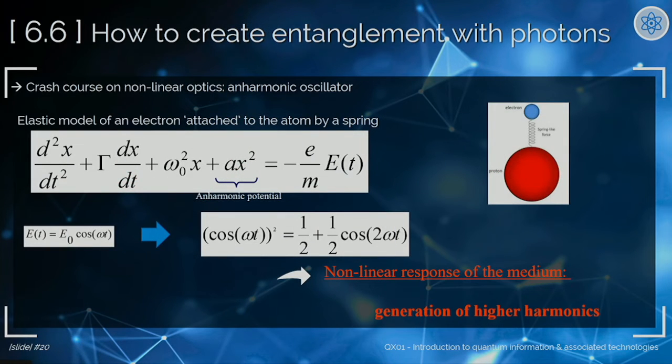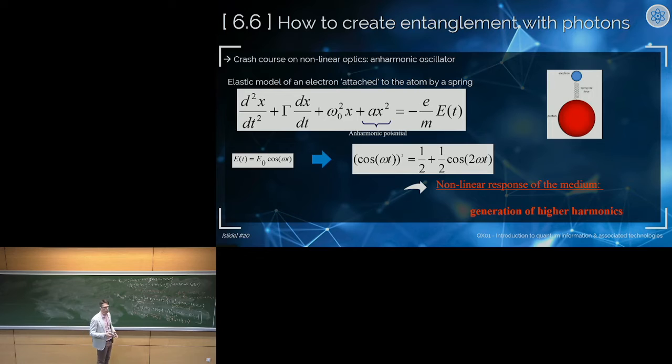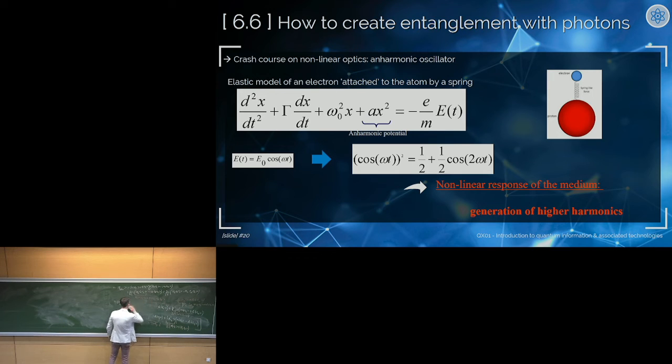Right. So to finish this part, I just want to go back to a bit of physics here: how we create entanglement with photons. Of course, the idea is not to make a full nonlinear optics course. That's not the idea at all. But just to give you enough insight so that you understand where it comes from.